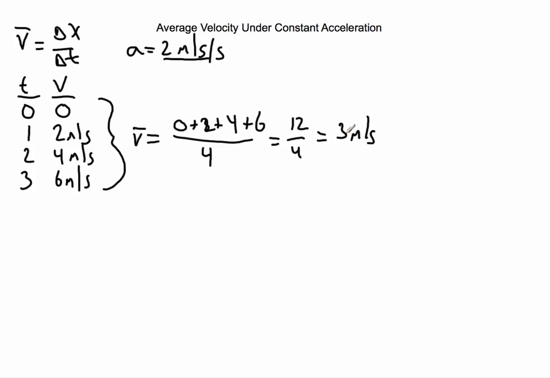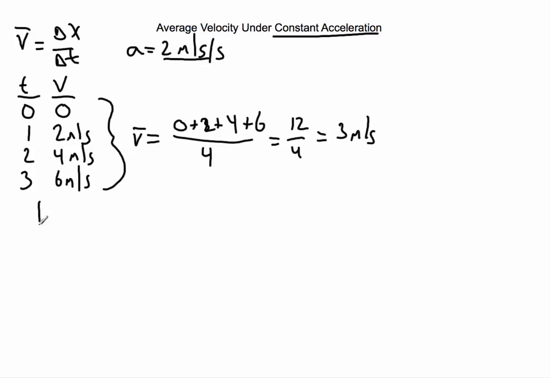Now notice that 3 meters per second is exactly halfway from 0 to 6. And so under this condition of constant acceleration, the average velocity will be exactly between the two endpoint velocities.